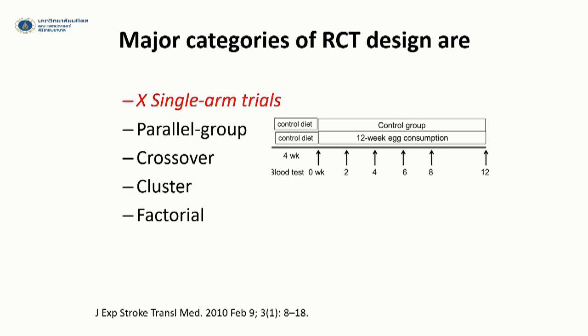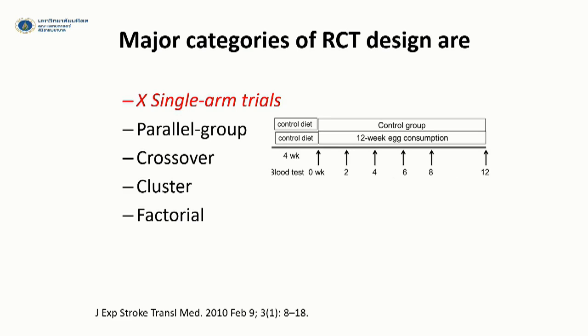Another drawback of crossover design is that the first medication can have a carryover effect. The first medication can have an effect on the second outcome. So that's a drawback of this design, but think about the benefit, like you can study the effect of biochemical measurement on the same subject. And cluster design, you study a huge group, going together like a community.